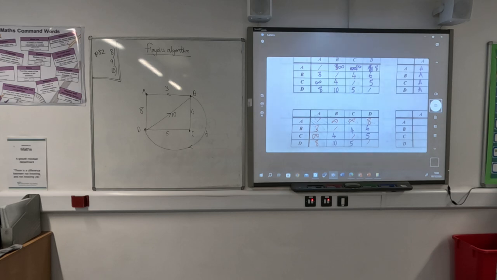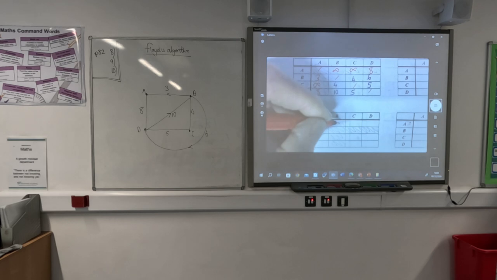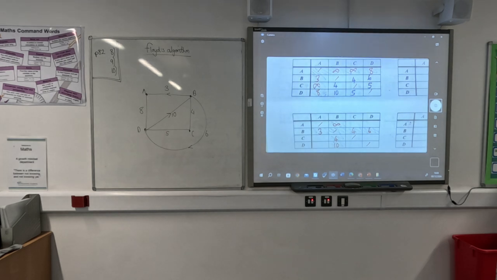I'm going to make one change in this next iteration, just to spoil it for you. So what determines which one you're going to?